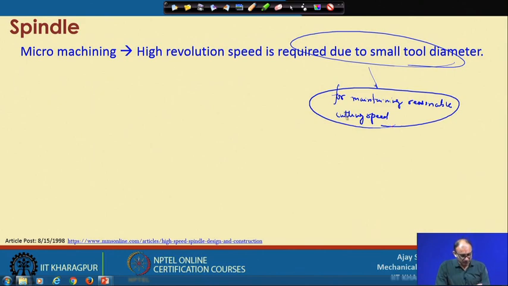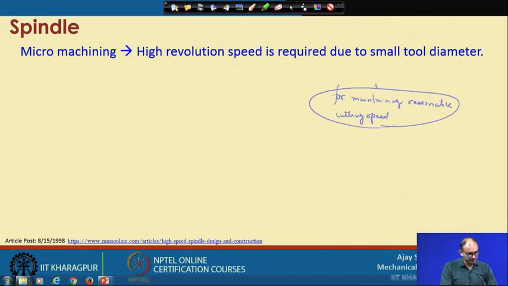Because if you do not work with high speed, you have to take a very long time and use a very low feed rate, because to move with a high feed rate you have to go with high revolution speed. That is the reason we need a very high speed.